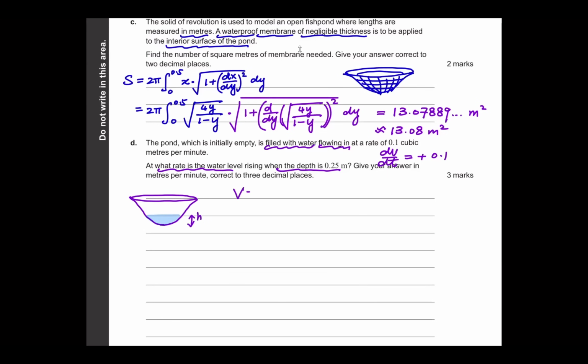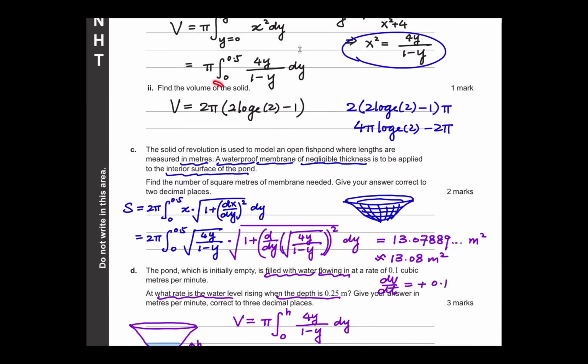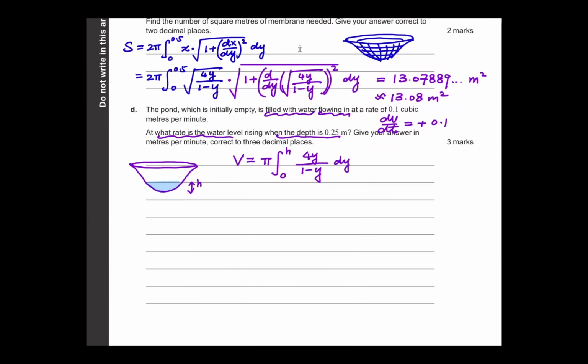So you actually get V equals pi times the volume of revolution, 0 to h instead of 0.5, because the height is changing. And you get 4y divided by 1 minus y, dy, okay? It's pretty much just this thing, except the upper limit changed to an unknown h.